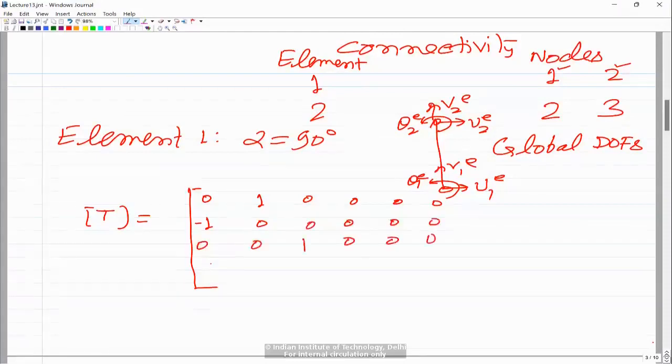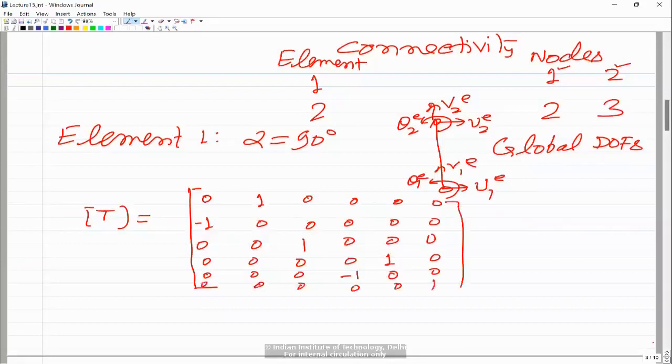The same thing again, 0 0 0, this is 0 and this is 1, and we have 0 0 0 minus 1 0, and then we have 0 0 0 0 and 1. So this is the transformation matrix.